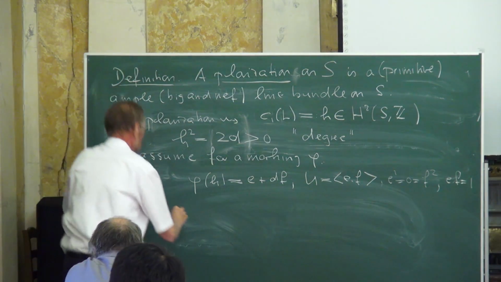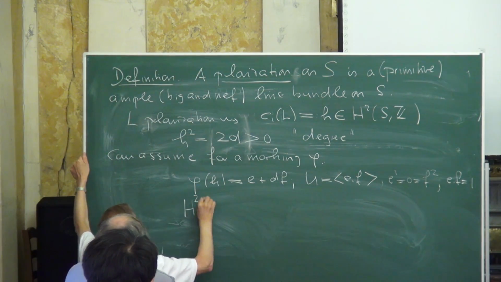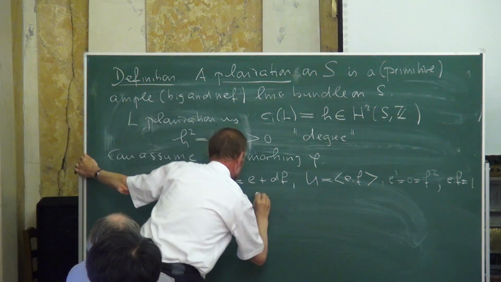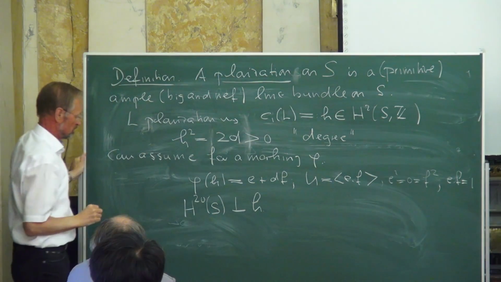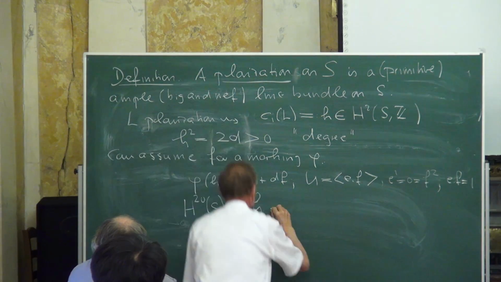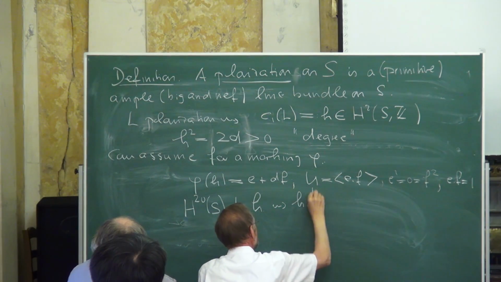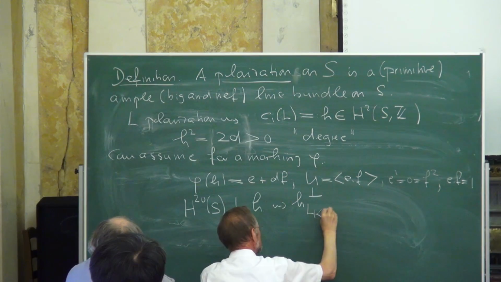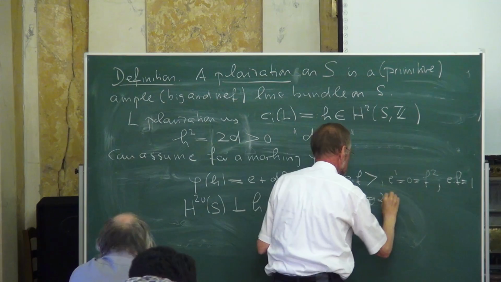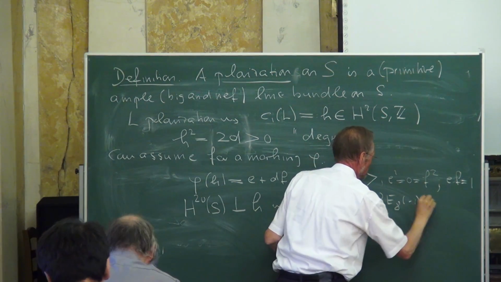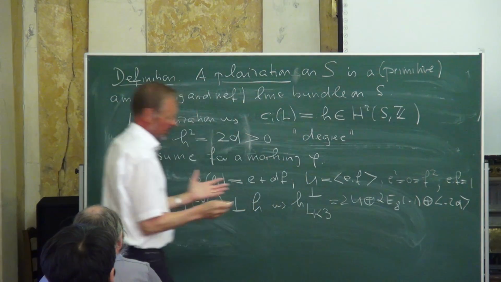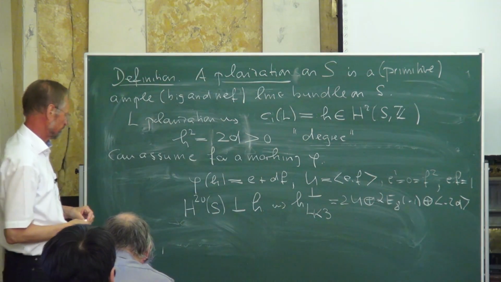And then, by relatively simple geometry, one can prove that the H^{2,0} is always perpendicular to such an h. So what that means is I am led to look at the perp of such a vector in the K3 lattice, and now that you can easily compute. This is 2U plus 2E8(-1) plus 1 summand generated by an element with square minus 2d.